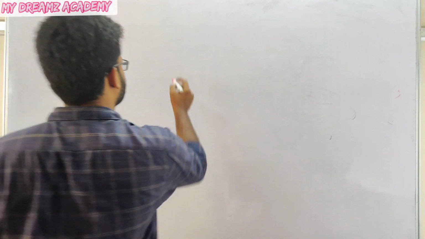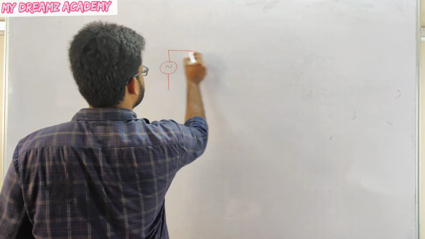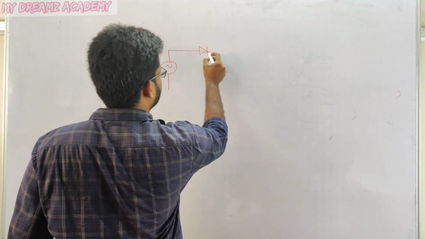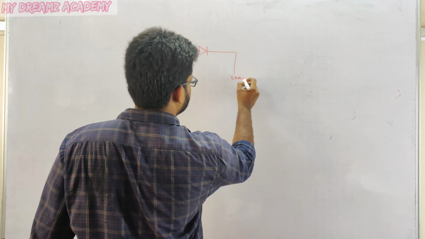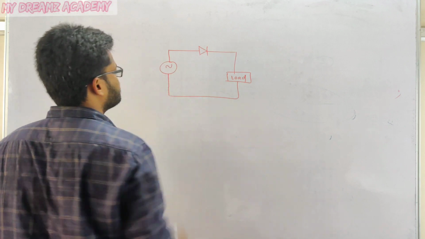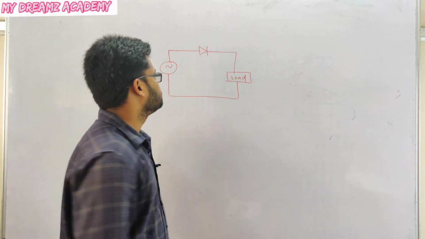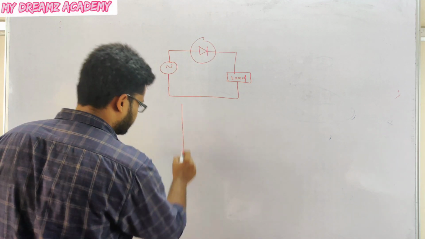First of all, this is the AC supply. When AC supply is given to the load by using one diode, it will act as a half wave rectifier.